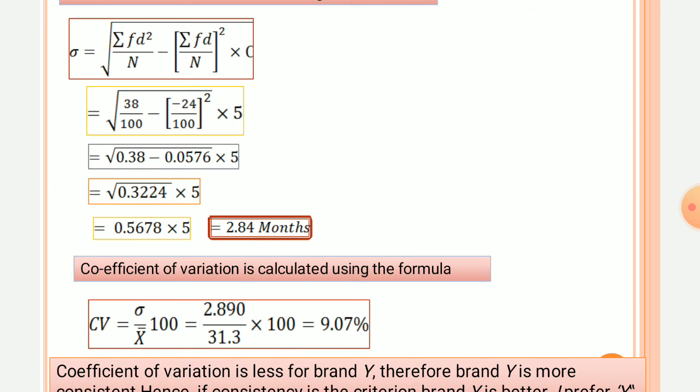Therefore root of 0.38 minus 0.0576, into 5. So root of 0.3224 into 5. The square root of 0.3224 is 0.5678, into 5. Therefore the value of standard deviation is 2.84 months.